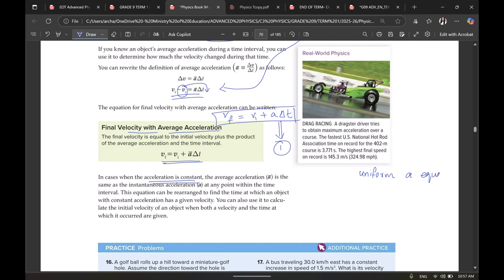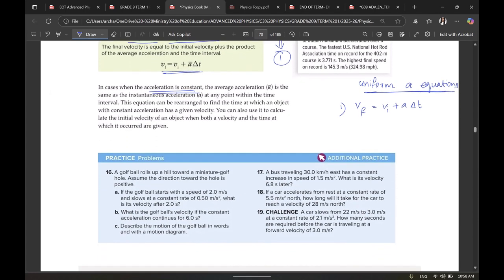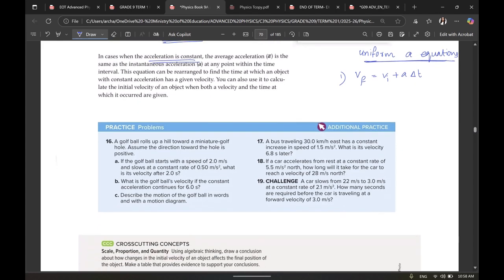There are four which you will be studying. The first one is Vf is equal to Vi plus a delta t. Now, the second equation we're going to study. With respect to this, we have to do these many questions.